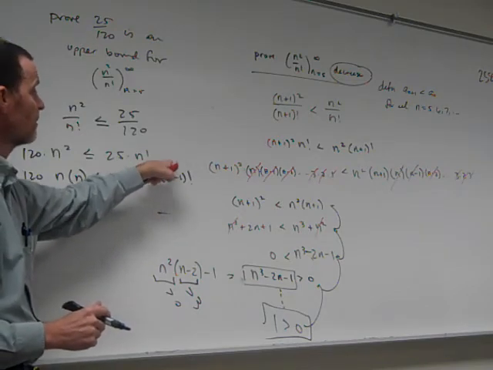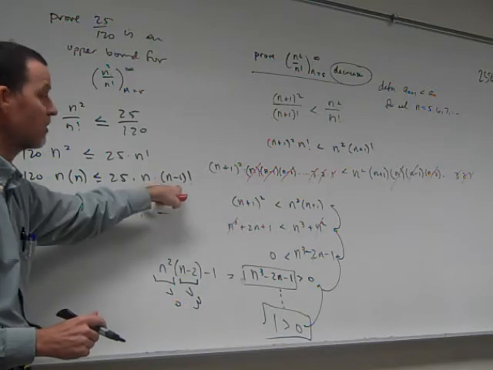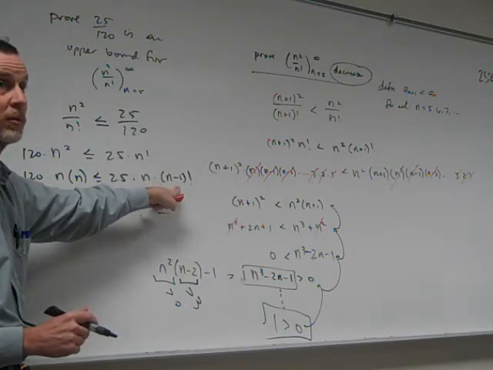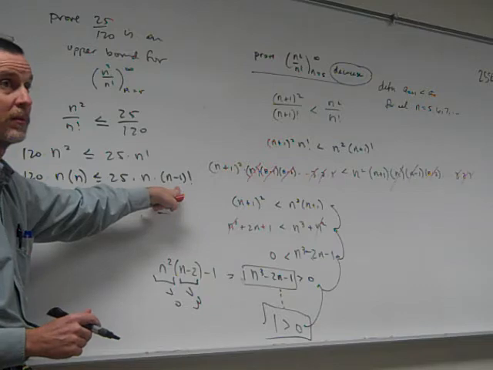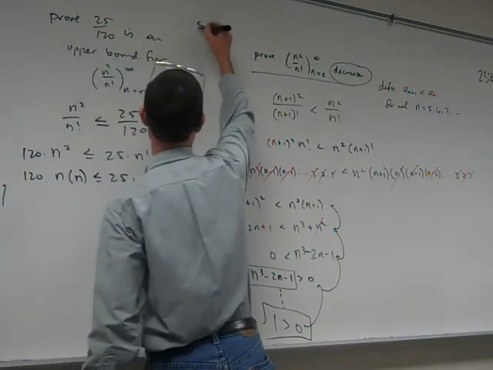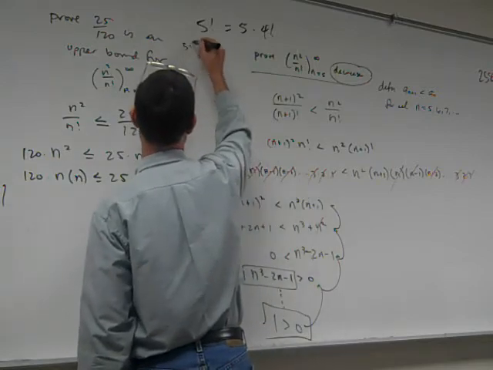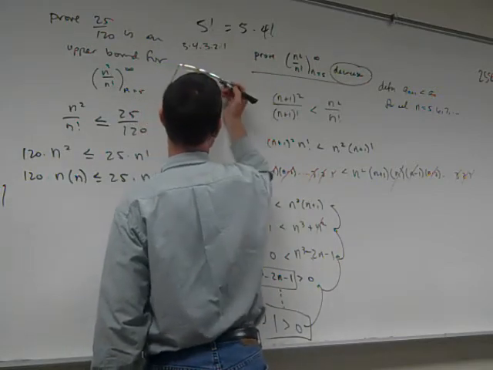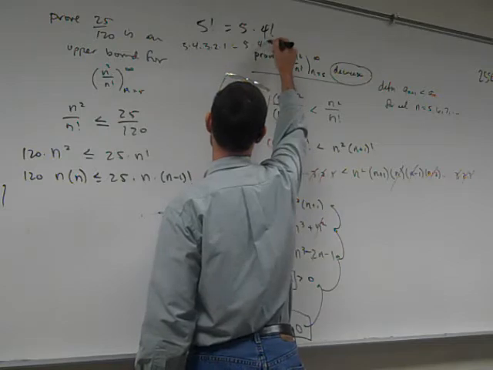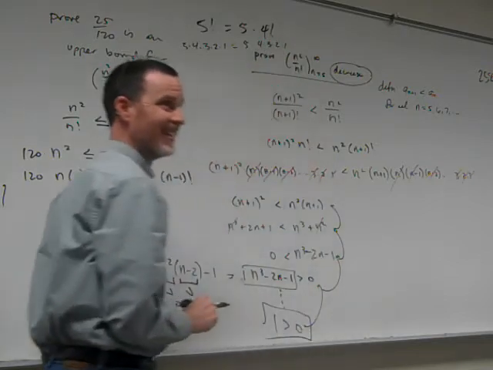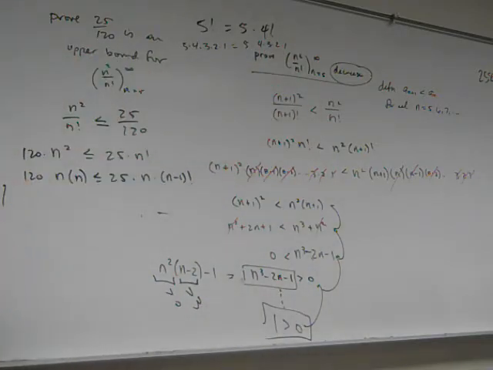This is n times n minus 1 times n minus 2 times dot dot dot. So that's just n times n minus 1 factorial. 5 factorial is 5 times 4 factorial. Why? Because this is 5 times 4 times 3 times 2 times 1, and this is 4 times 3 times 2 times 1. You can always take the top one out.